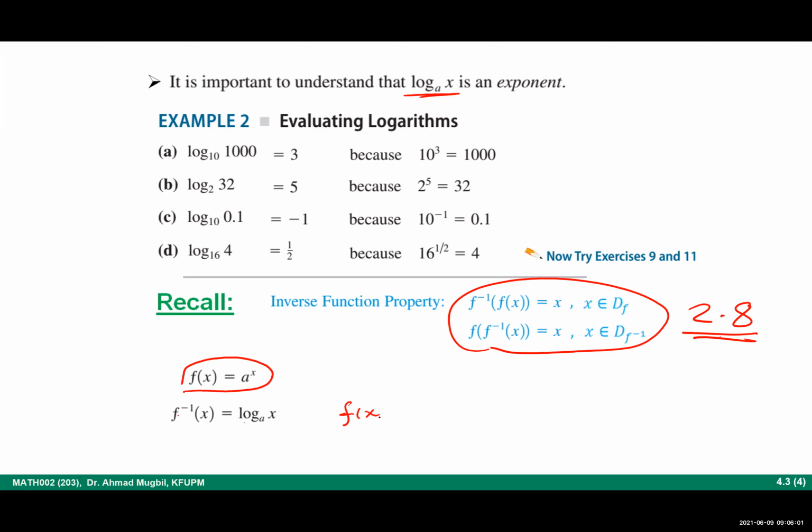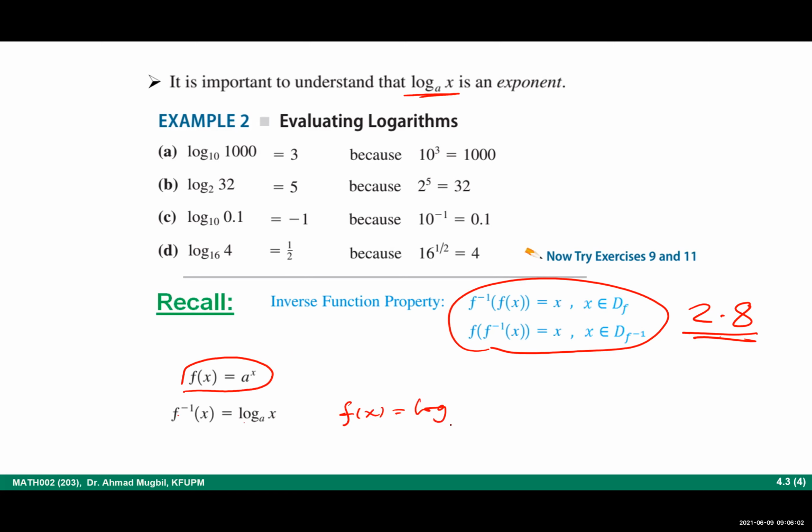Similarly, if f of x is log a of x, its inverse is a to the power x. So they are inverses of each other, and we expect this property to be valid.